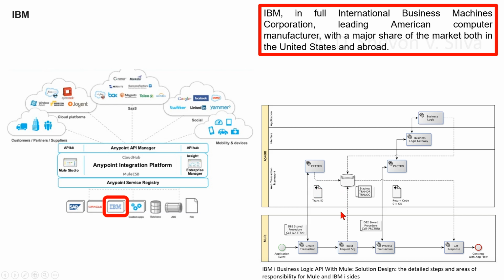Mule optionally calls the WebTF stored procedure PRCTRN to process the transaction. Mule optionally retrieves response data from DB staging tables. Mule transforms the response data into API response format.